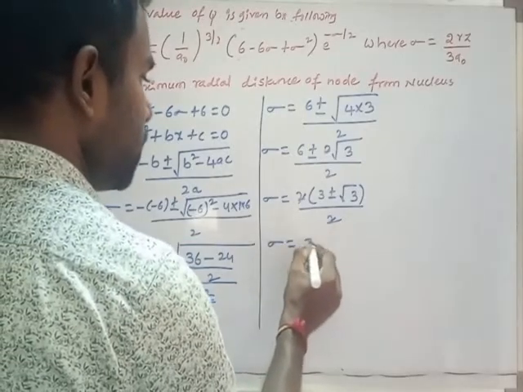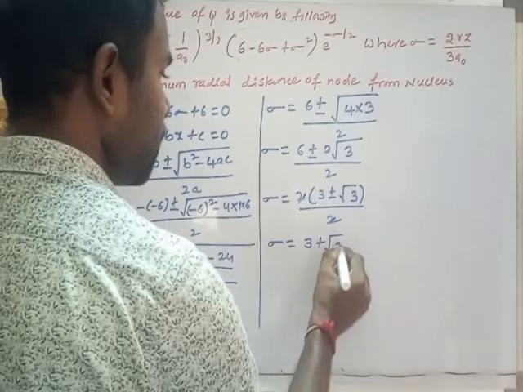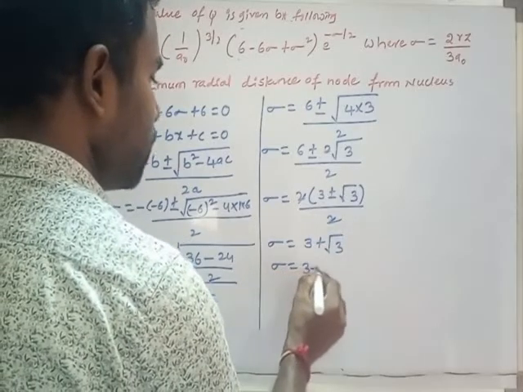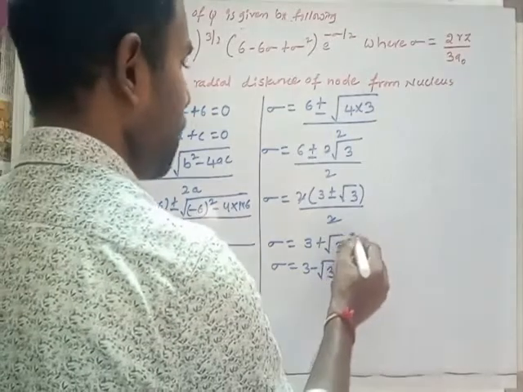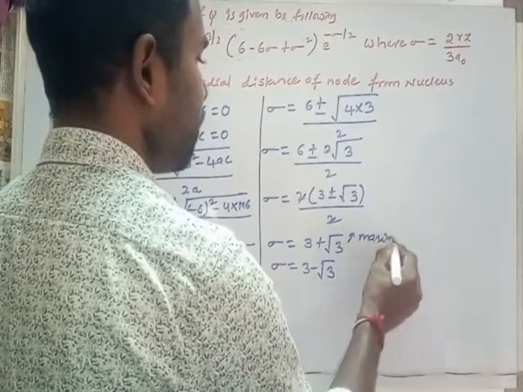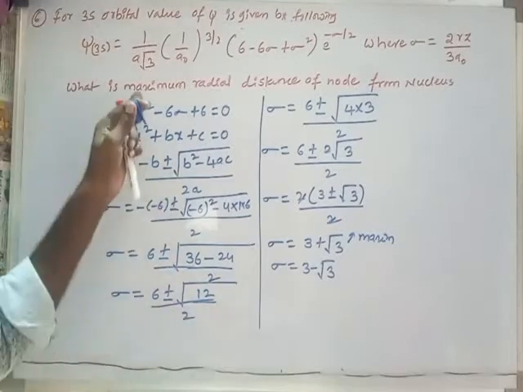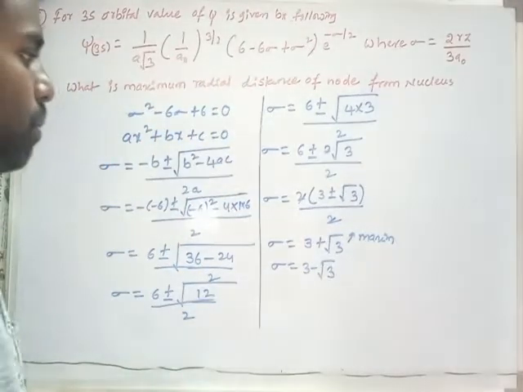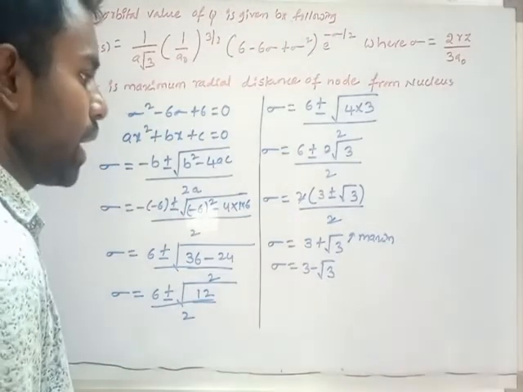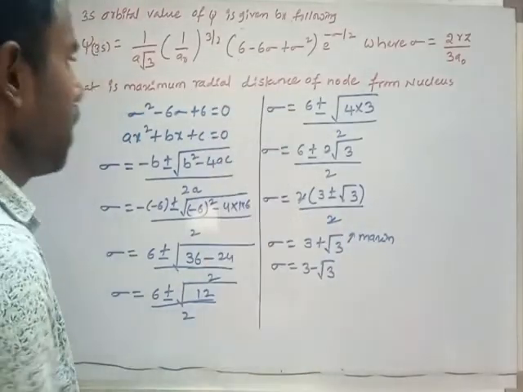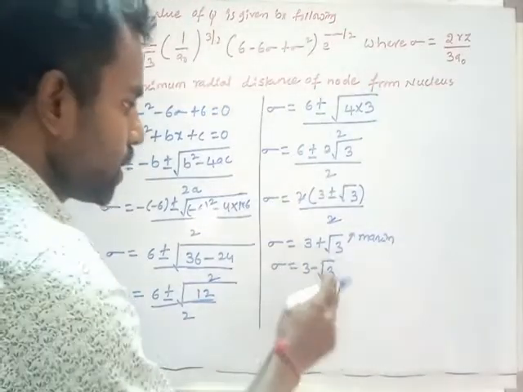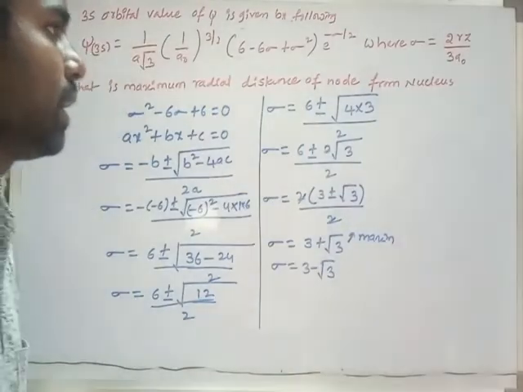Sigma equal to 3 plus root 3. Sigma equal to 3 minus root 3. So this is the maximum value. This is the minimum value. They are asking what maximum radial distance. Means maximum radial distance, if you want to calculate by using this sigma, we need to calculate the maximum radial distance. If they will ask the minimum radial distance, by using these we can calculate the minimum radial distance.